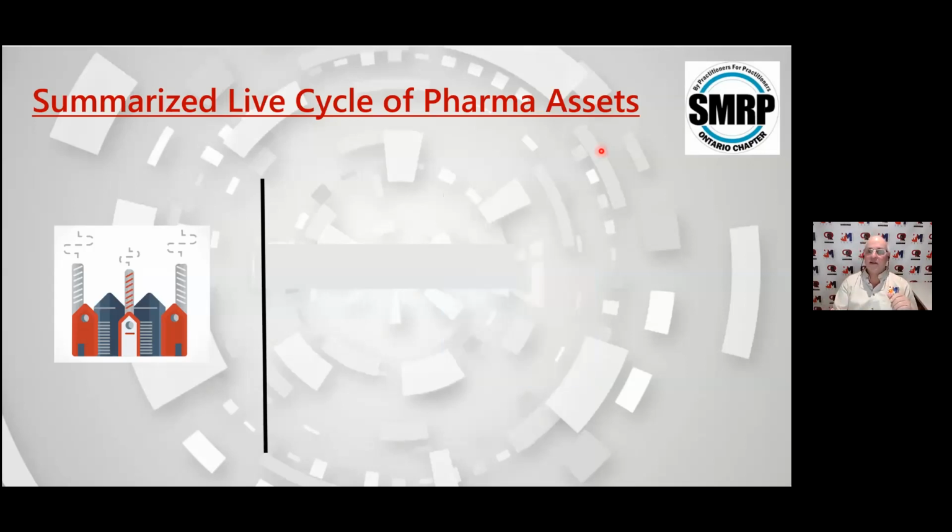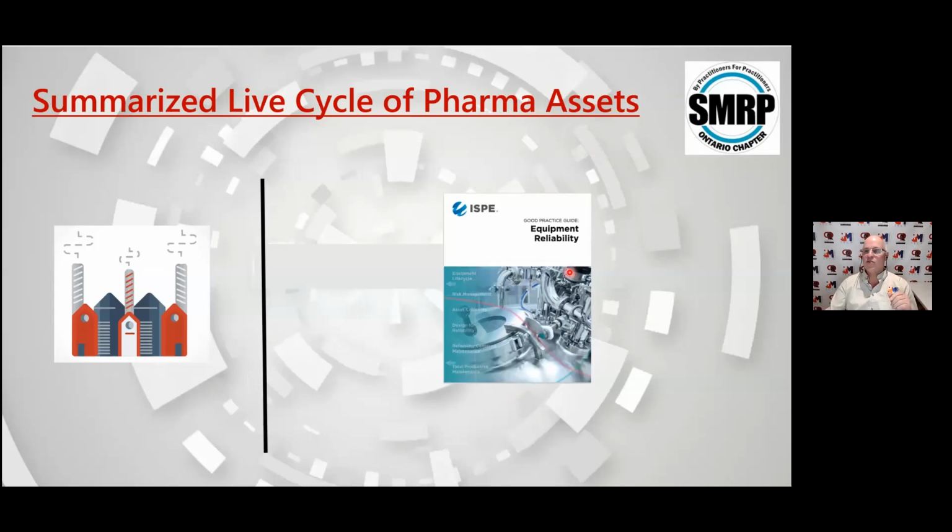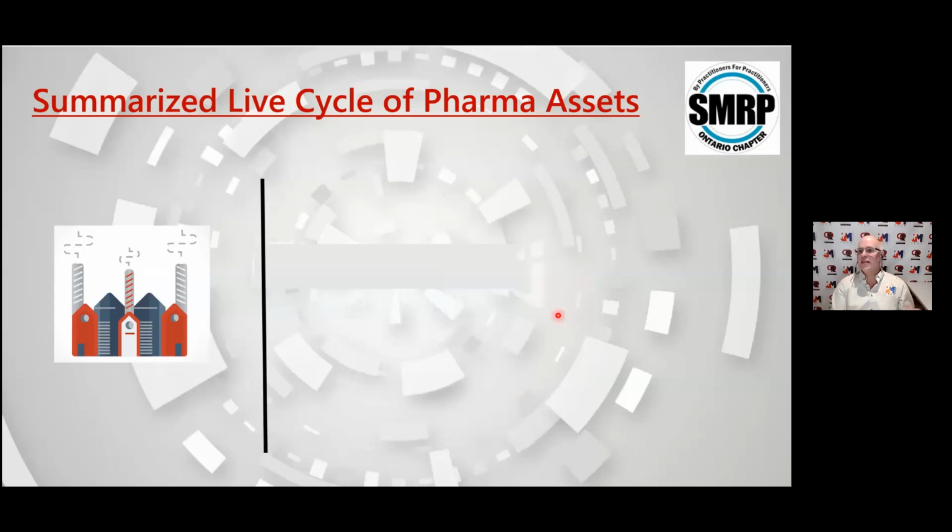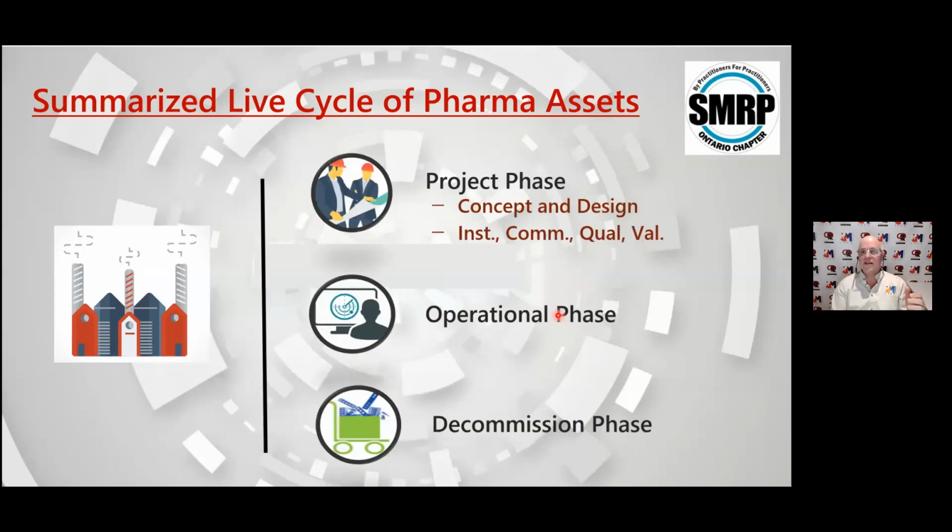By the way, this is a very recent guide about reliability for the pharma industry done by ISPE that I would like every pharma company to use and to follow. This is really very updated and follows all the recommendations by the standards, like the ISO standards for asset management and asset risk analysis and all of that, risk management.